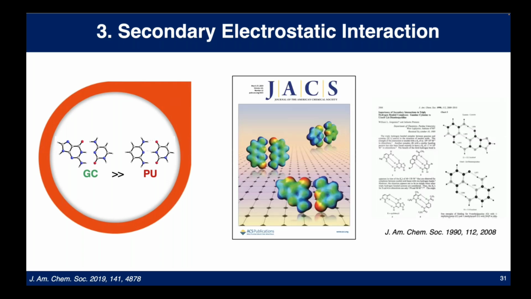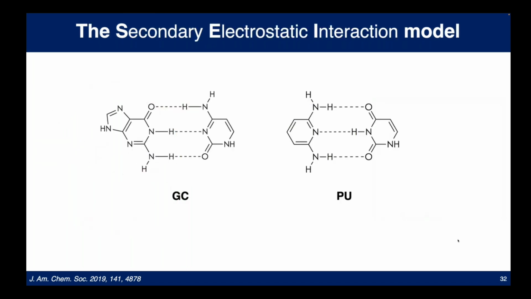The first paper was published in JACS in 1990 by Jorgensen, and what he showed is that two systems can be explained with the SEI model.